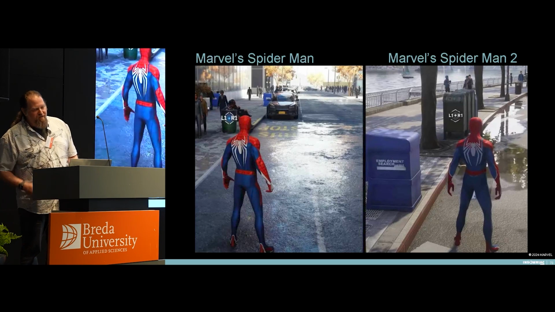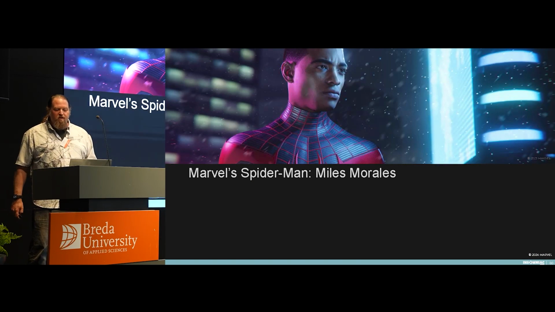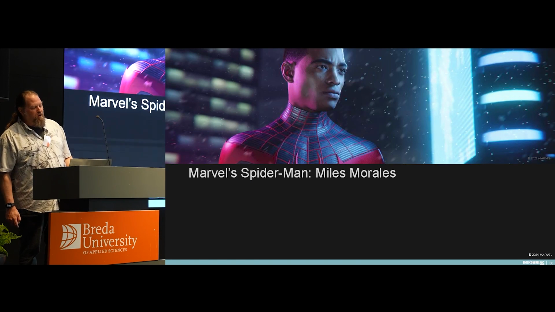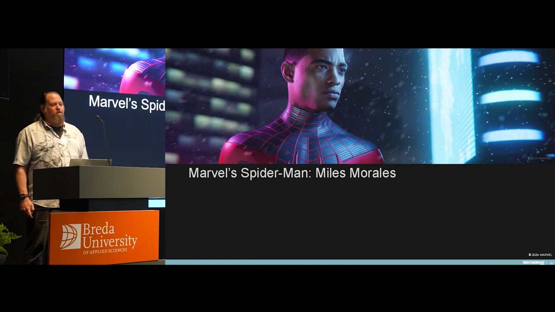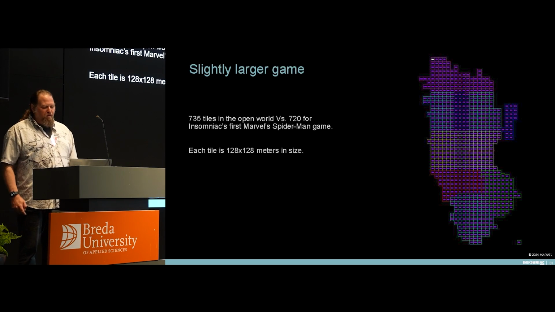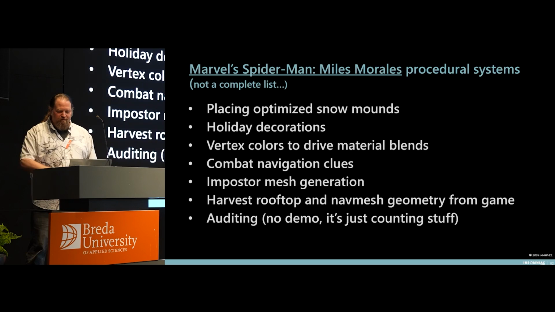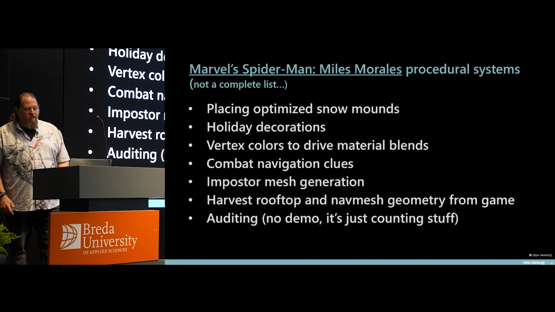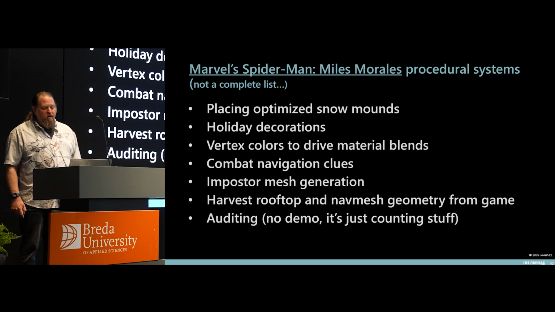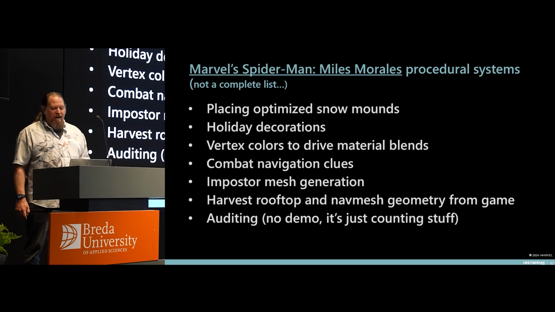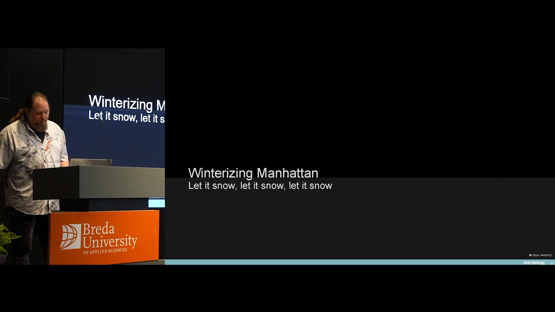We continued to develop procedural systems for Marvel's Spider-Man Miles Morales, a cross-platform game for the PS4 and PS5. The playable area slightly increased. We used procedural systems for several workflows, including a full reskin of Marvel's Manhattan to change the seasons.